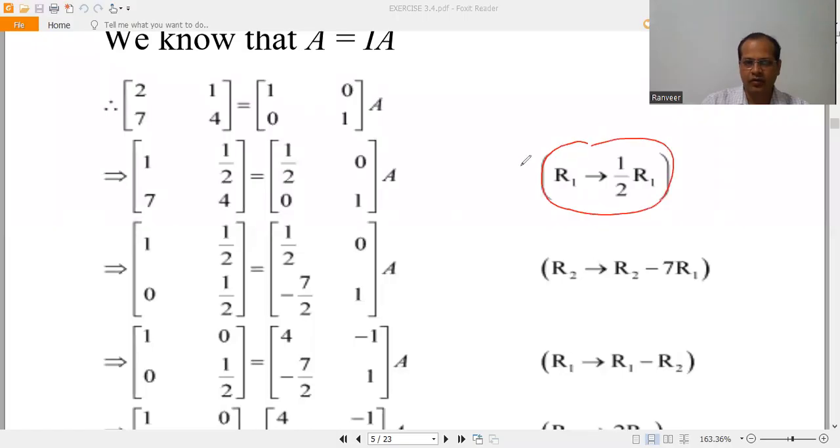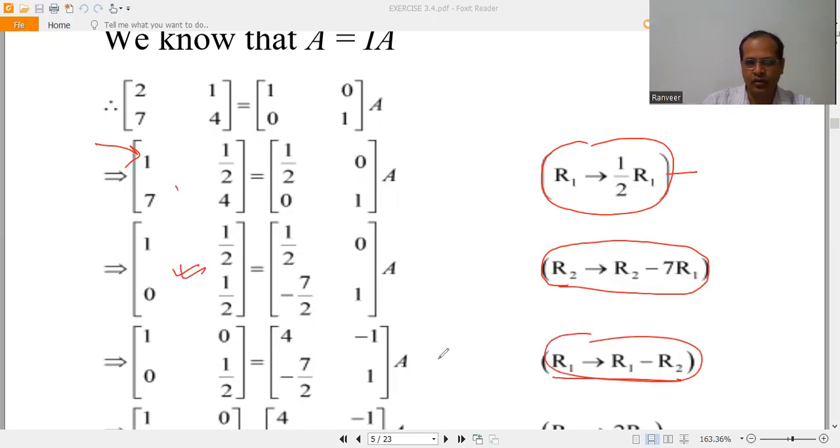See, first we have to do 1 here. So for that, first row 1 by 2 R1. After that, same type of steps, you can just follow the numbers. R2 tending to R2 minus 7 R1. After that, we got this, and this is the step R1 minus R2 we have to do.